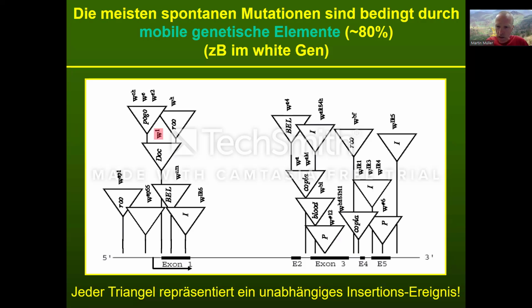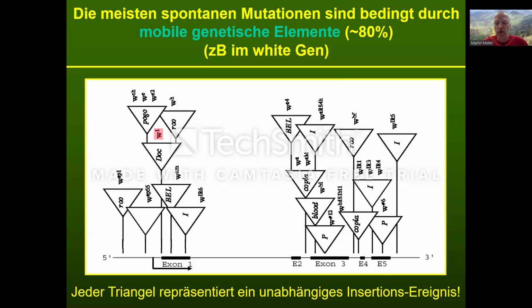And now you can see that there are many other white alleles. Here, white 6 has a P element insertion in the 5th exon, or here white mottled 4, maybe, has a bell insertion. There is an I element, there is a rho element, there is a copia element, there is the blood element, there is the pogo element. All these are different mobile genetic elements.